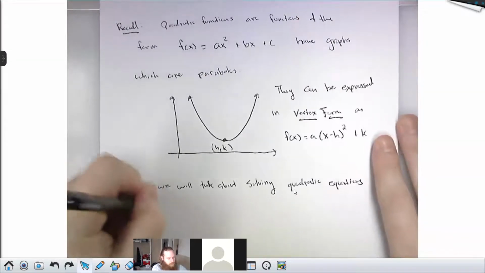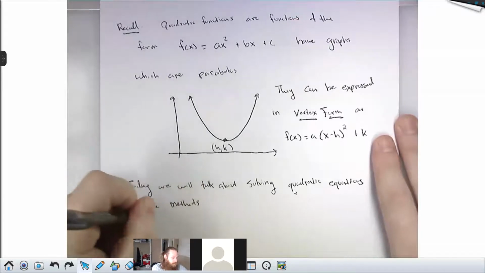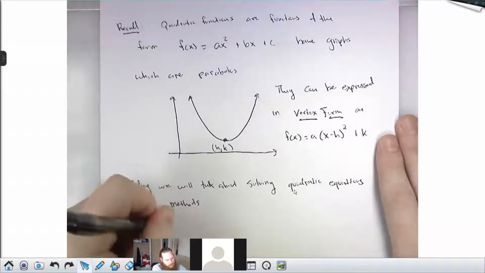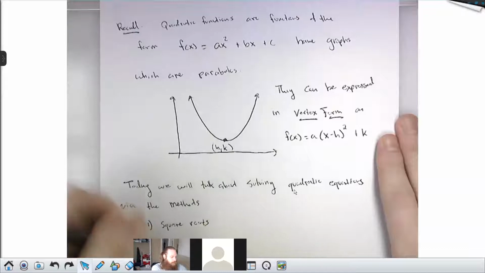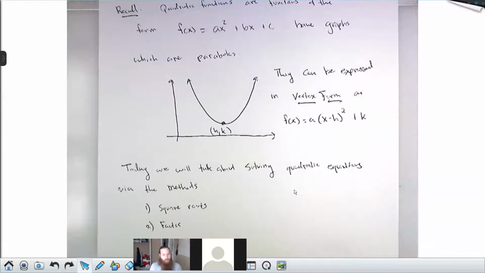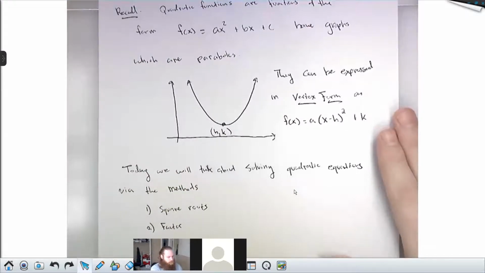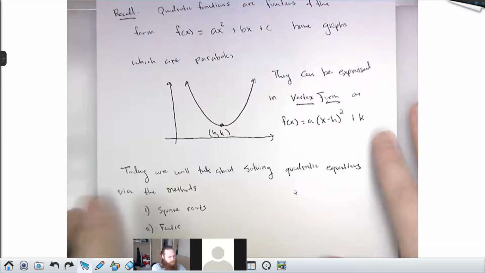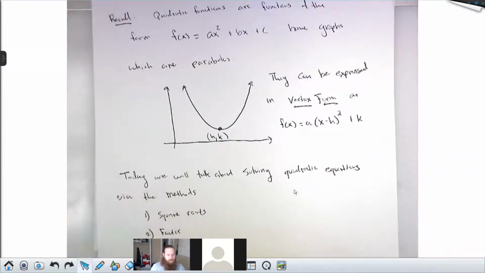So we're going to use the methods of, sometimes you can take square roots, but most of the time you need to factor. So these are the two main attacks. And then there's also this diagnostic tool called the discriminant. But we'll get to that. So here, I'll hold here just for a second in case anybody needs a second to get any of these bits down.